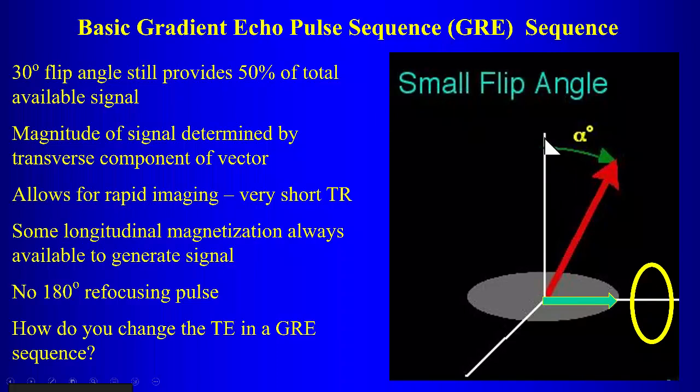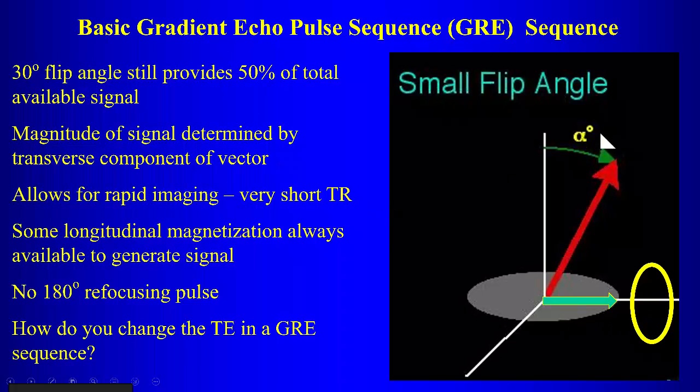So even if we flip this only 30 degrees, that transverse component still provides 50% of the total available signal. So even with a 30-degree flip angle, you're still going to get sufficient signal from the tissues that you can measure. So the magnitude of that signal is determined by the transverse component of the vector.